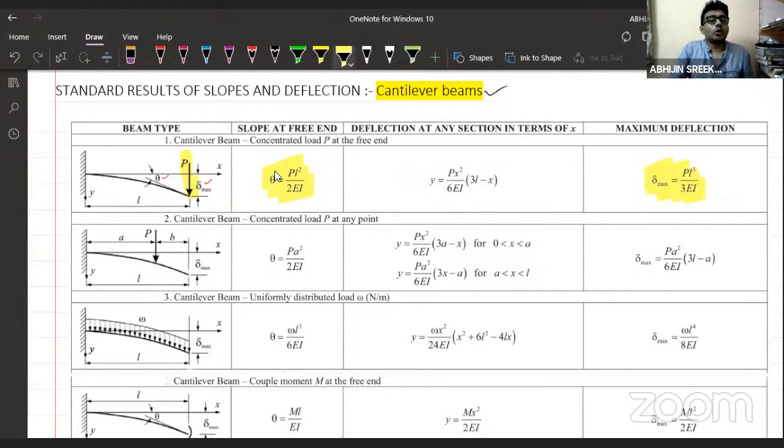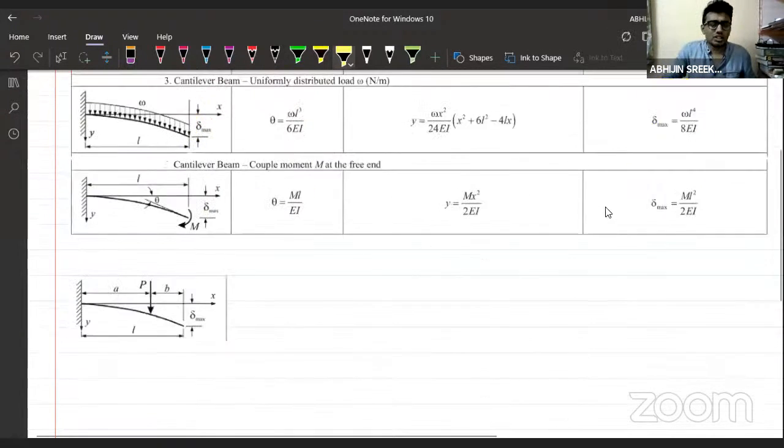Similarly, if the point load is eccentric, not at the end but somewhere on the beam, at a distance, let us say a from the end, what will be the slope at the free end? It is Pa square divided by 2EI, and the deflection is Pa square by 6EI into (3L minus a). Actually, no need to remember this equation.